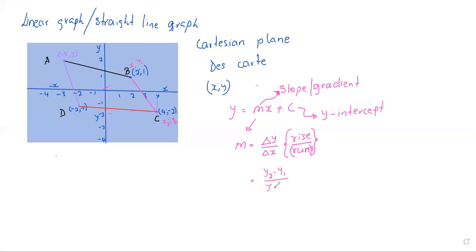Change in x will be x2 minus x1. According to what we have there, y2 is -2 minus y1 which is 1, and then x2 is 4 minus 2. That will be -3 divided by 2.